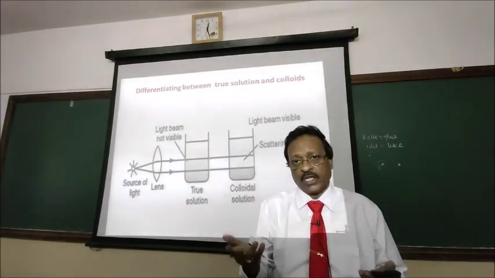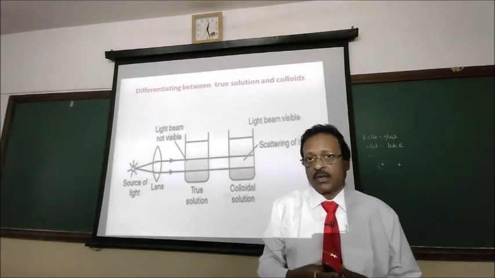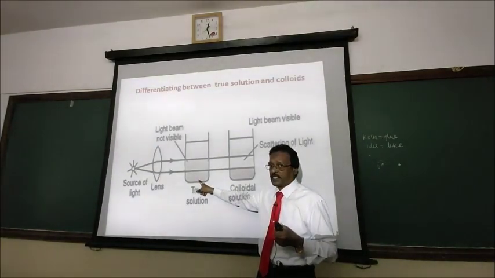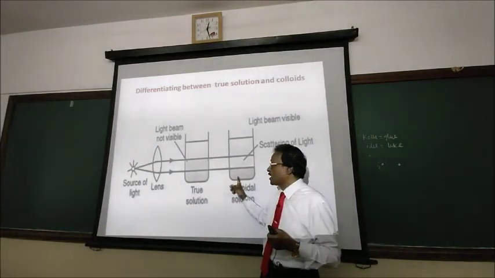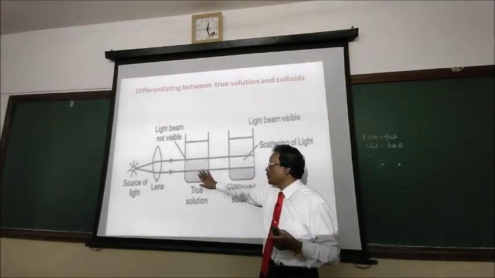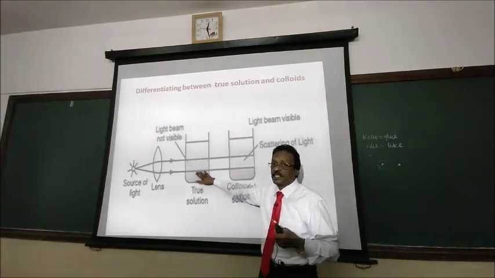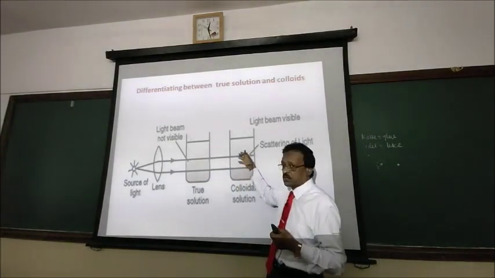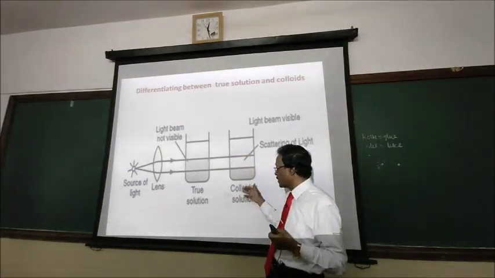That can be put in the form of an experiment in the laboratory. Look at this experiment. I have taken a true solution, which is crystalline, and a colloidal dimension. Two beakers I have taken. One contains crystallites, like sodium chloride solution, and the other a colloidal solution like arsenic sulfide or ferric hydroxide sol.